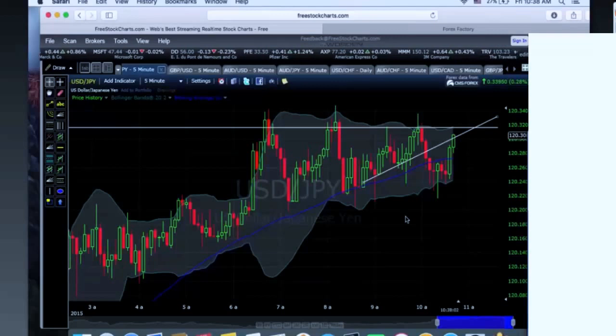USD JPY put 120.324, expiry 1445. Now remember, if this doesn't come in the next 1 or 2 minutes, we're going to go for turbos, okay? Or turbo. Let's write.